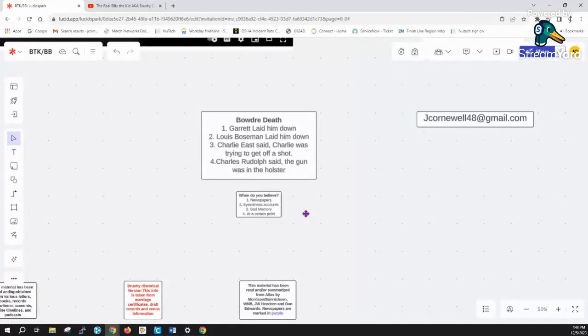And then there's always the argument of, well, you've got to give Brushy a little bit of leeway because he's an old man and his memory may not be the best. Okay, I get that, and I can appreciate that. Even towards the end of his life, I had read two different accounts, and the details didn't line up exactly, like with Wyatt Earp when he was giving accounts of the OK Corral. So I get that people's memories do fade with time.